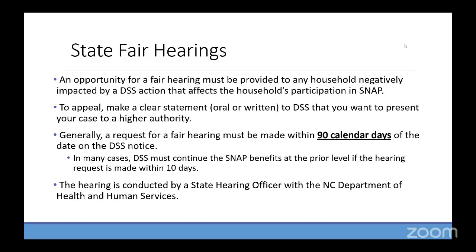And these hearings are conducted by a state hearing officer with the North Carolina Department of Health and Human Services. So it's not your caseworker who's making the decision or even someone else at your local DSS office. It is someone who works for the state in Raleigh who will make the decision in these hearings. And they're usually conducted over the phone, so you don't have to travel for them.